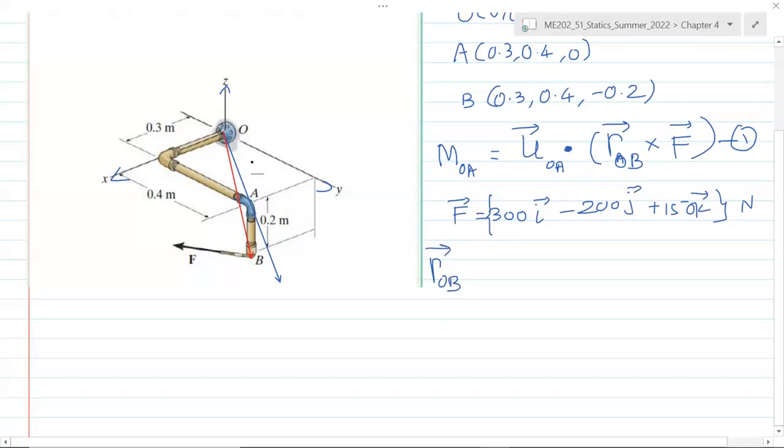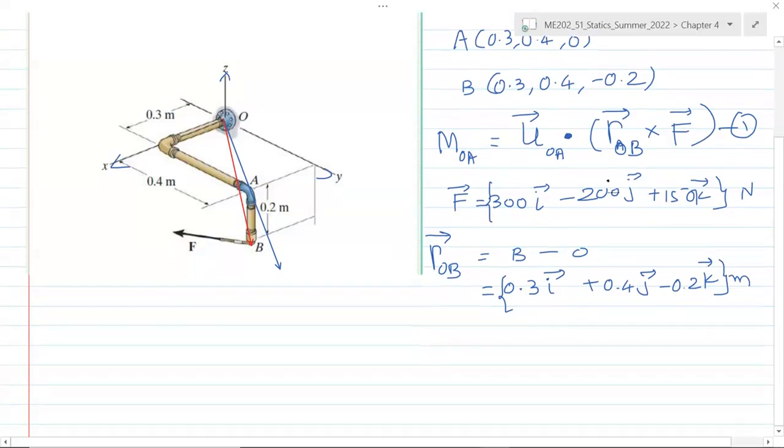You can calculate it based on the coordinates of O and B. It's coordinates of B minus coordinates of O. And ROB is 0.3i plus 0.4j minus 0.2k, and this is in meters. Now for UOA, we need to first calculate ROA and divide ROA by its magnitude to get the unit vector.